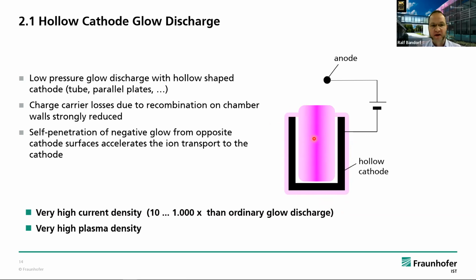The charge carrier losses are strongly reduced due to the chamber walls, because the electrons need to escape to reach the anode somewhere outside, and this allows for increasing the plasma density, and in the end we get a significantly higher current density and we end up with a process providing a very high plasma density.